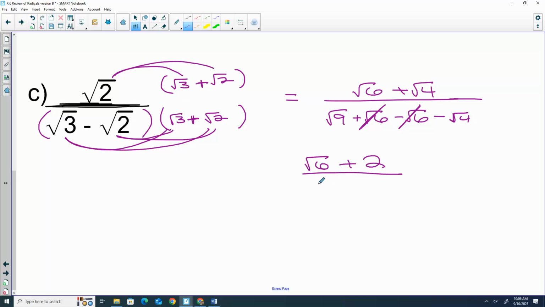At the bottom, square root of 9 is 3, minus the square root of 4 is 2. 3 minus 2 is 1, so you could just drop that. You could say over 1, or just leave it off. Questions there?